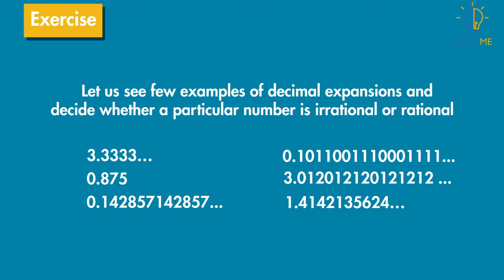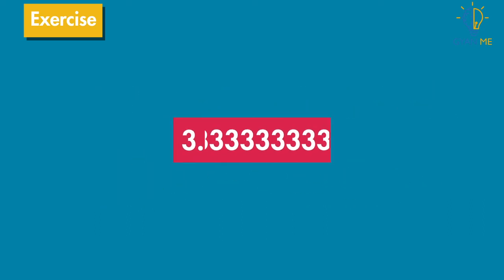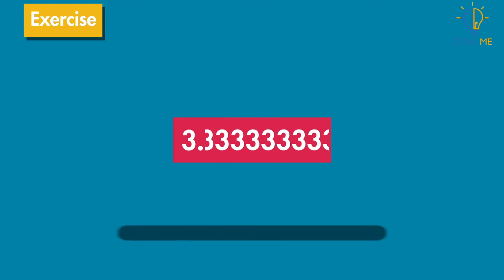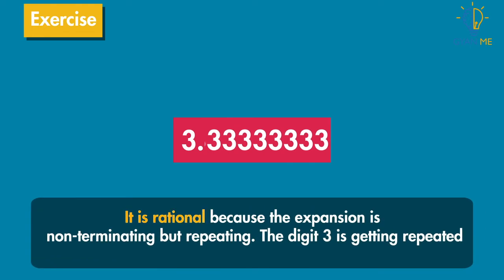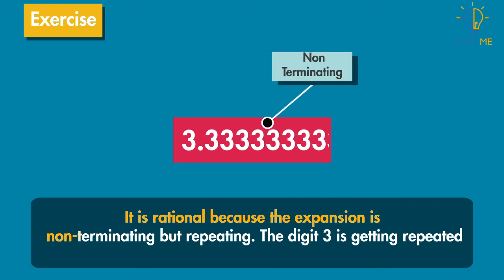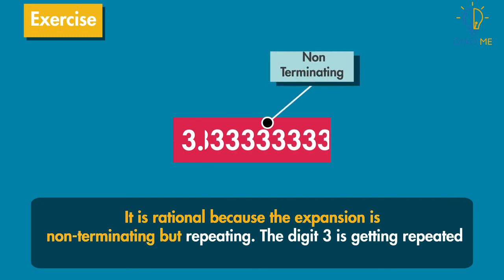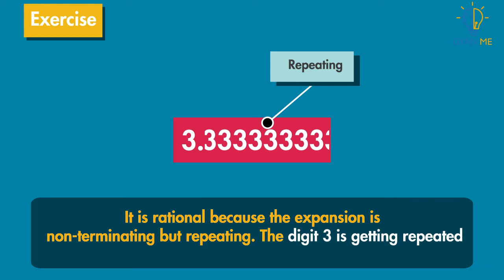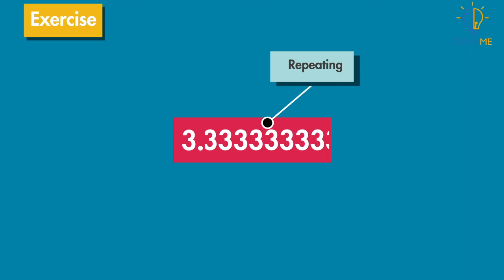Our first decimal expansion is 3.333. Here we can see that the decimal expansion is non-terminating, but it is repeating. The digit 3 is getting repeated after the decimal point. Therefore, this decimal expansion is non-terminating and repeating, and hence the number will be a rational number.